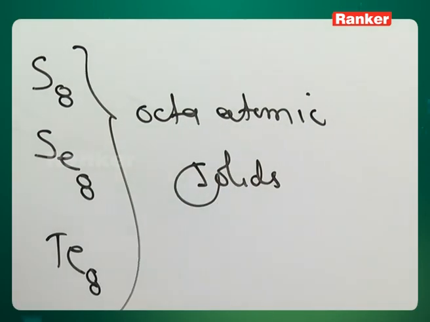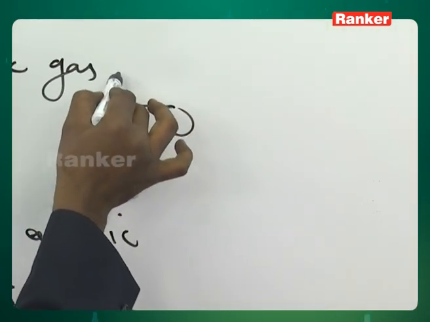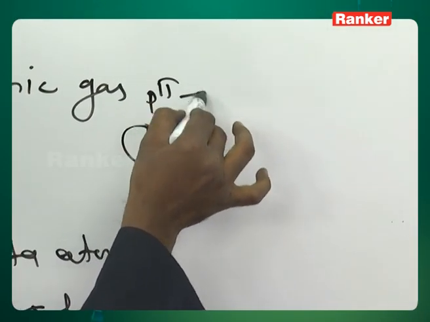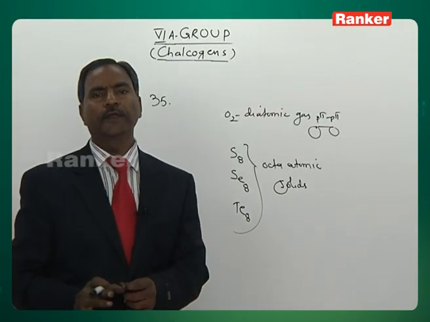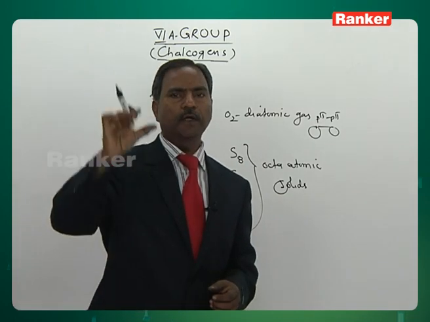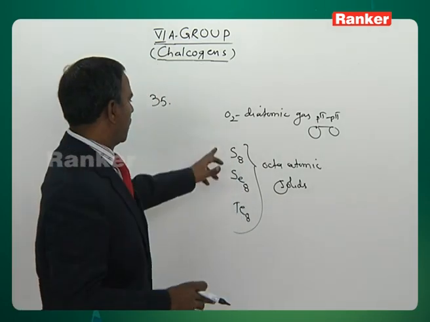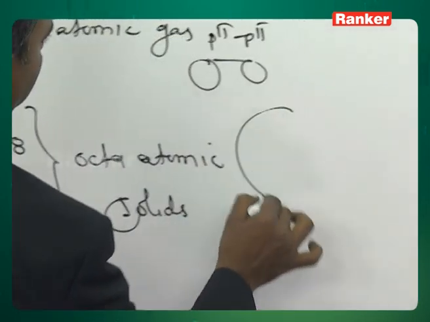Why? Because of smaller atomic size, between two oxygen atoms p-pi bonding is easily formed, and therefore O2 exists as a diatomic gas. But sulfur, selenium and tellurium are bigger in atomic size.